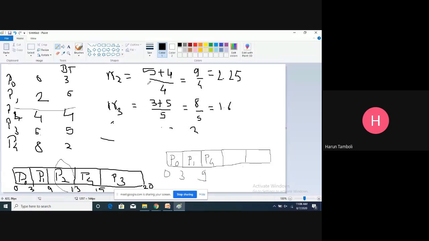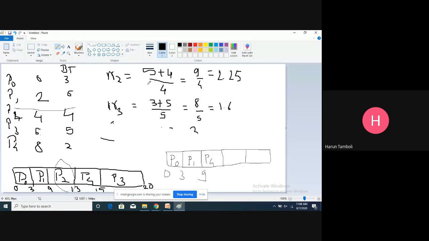Likewise we have round robin, where on the basis of time slice we are considering both cases, time slice as well as FCFS. So by providing both parameters we are performing the execution.